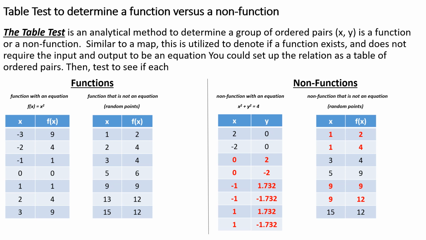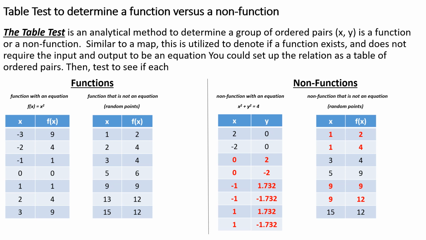We can also do a table test. The table test is basically looking at an input and output table to determine if it is a function. On the left here, this is f of x equals x squared. So basically, you're looking at our first slide here. -3 goes to 9, -2 goes to 4, -1 goes to 1, 0 goes to 0, 1 goes to 1, 2 goes to 4, 3 goes to 9.